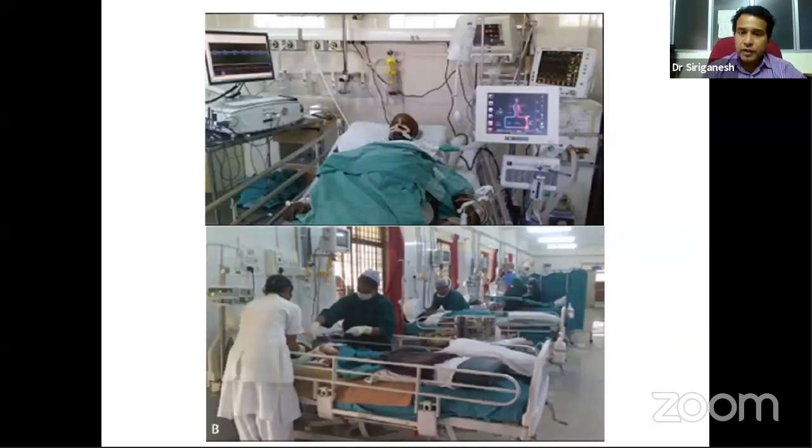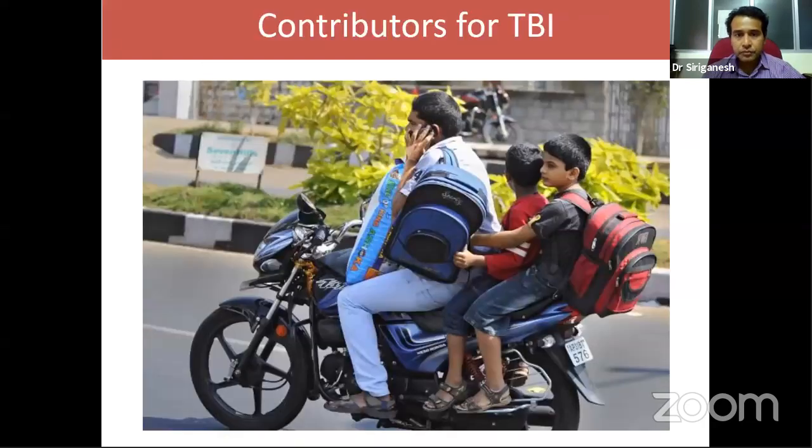Most patients with severe traumatic brain injury and many with moderate traumatic brain injury require intensive care management for monitoring and ventilation. Subsequently, they are shifted to a ward from which they are discharged either to home or to a rehabilitation center.